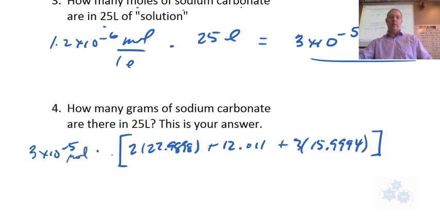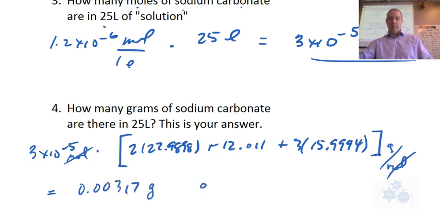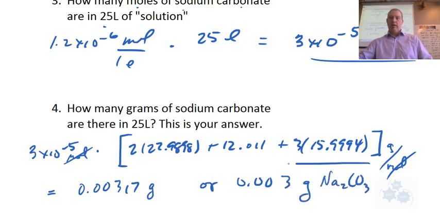Of course this is moles, and this is grams per mole. So the moles are going to cancel out. And I guess this is what you should end up with as your answer there.